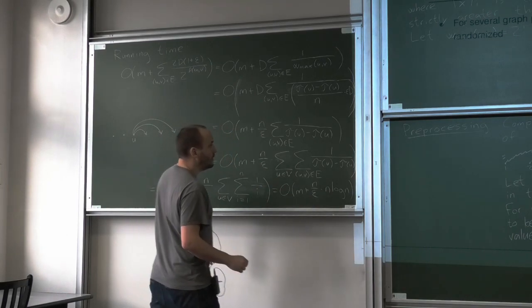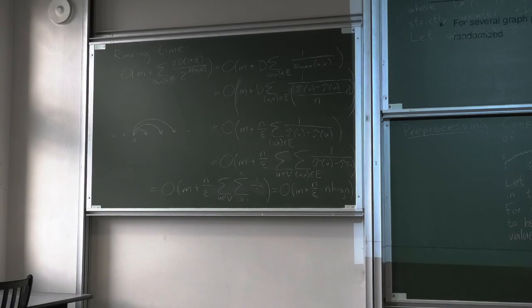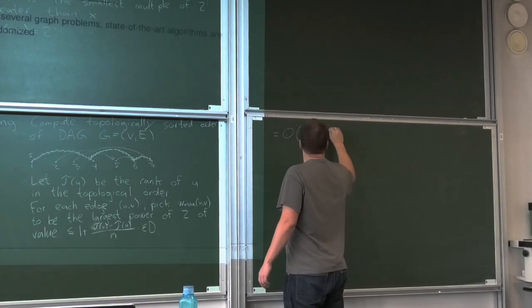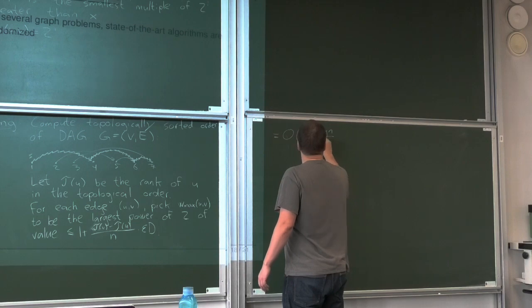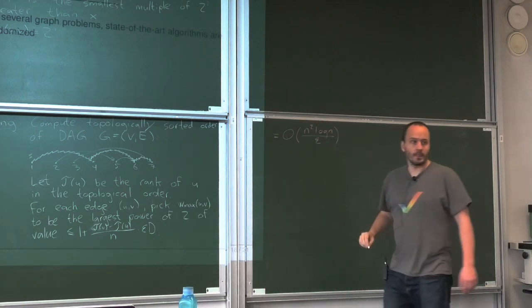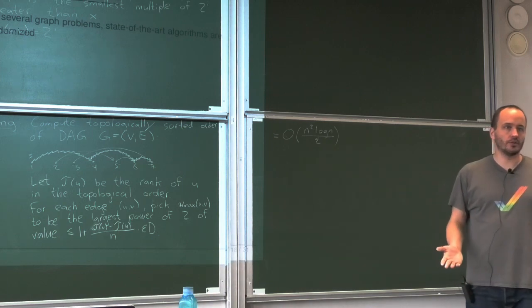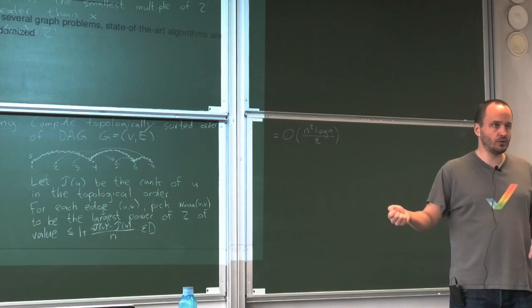I was just out of space, so let's continue over here. This is just n squared log n over epsilon. But that was for one of the structures. Remember, we had a logarithmic number of structures, for each power d, a power of 2.